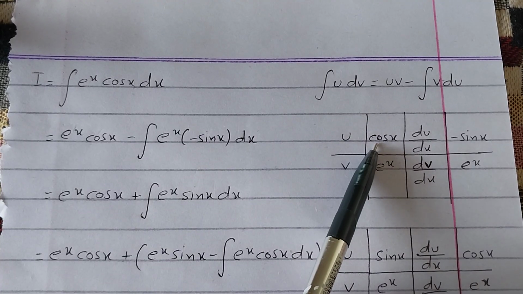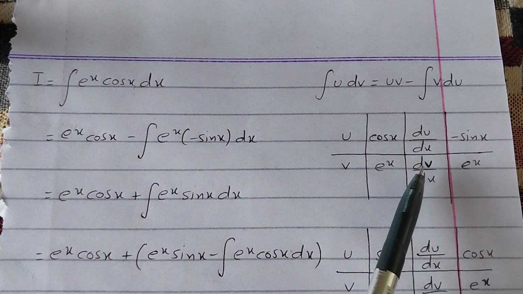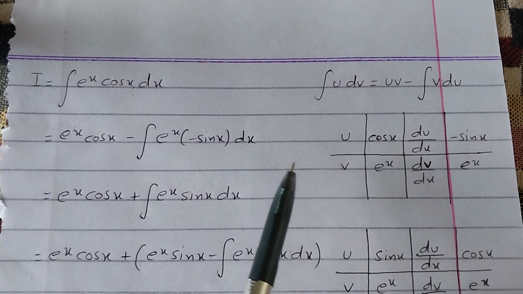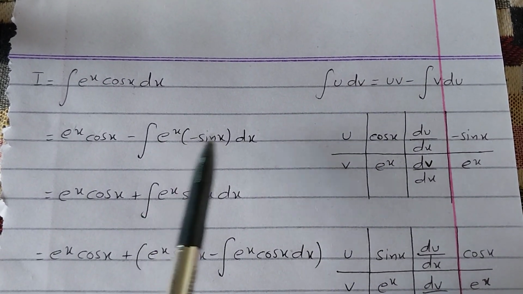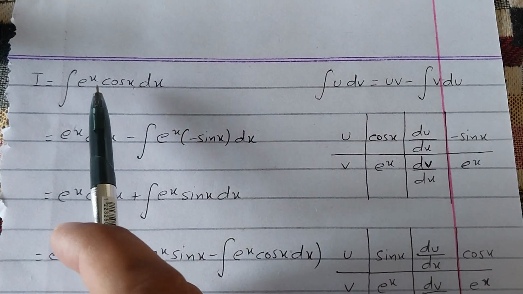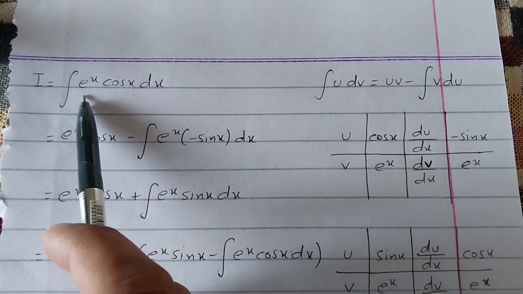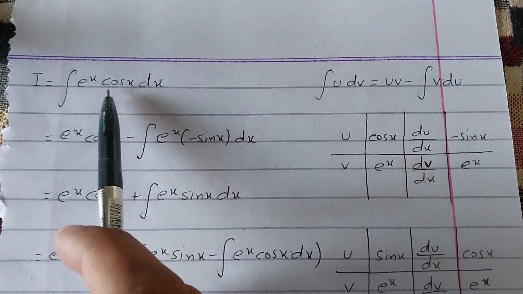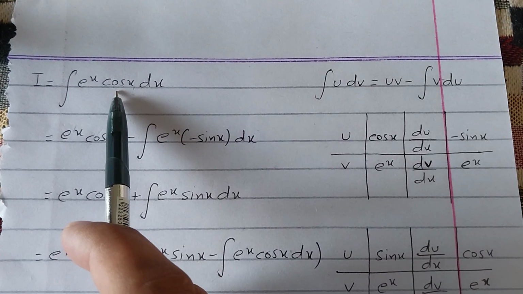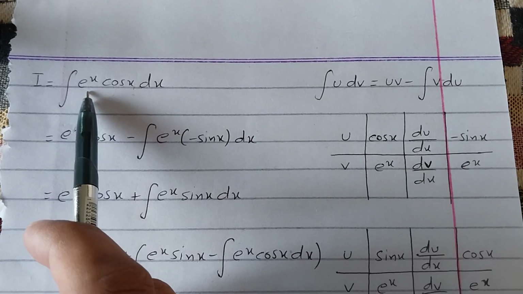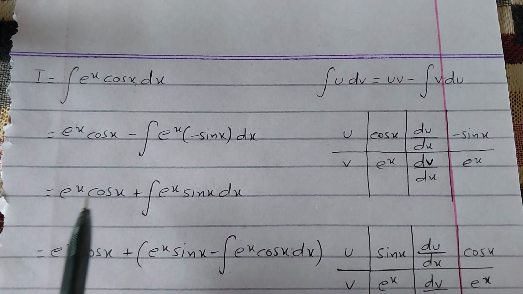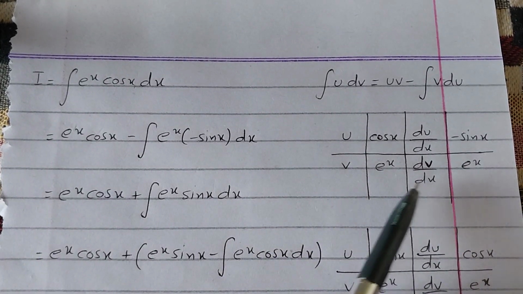So cos x will be u, and e to the x will be dv by dx. That's why we consider e to the x as dv by dx.